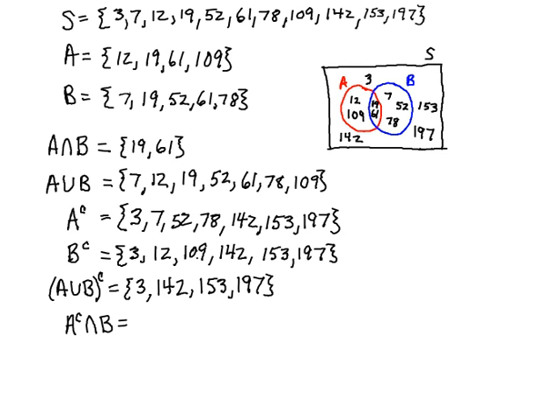A complement and B. So looking at the Venn diagram, I can see that that's going to be 7, 52, and 78. Again, the Venn diagram is a very helpful way of organizing the values in these sets so that we can see what is in A complement intersect B. The values in B, but not in A.